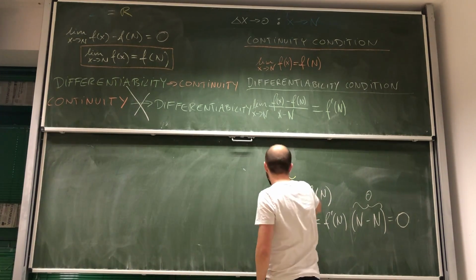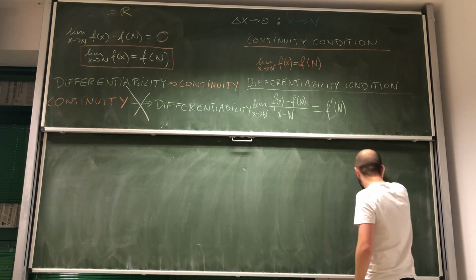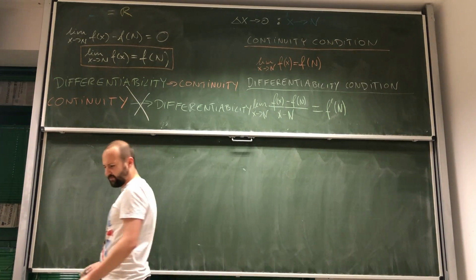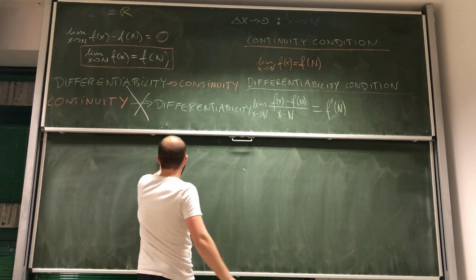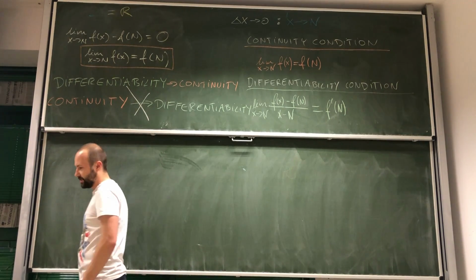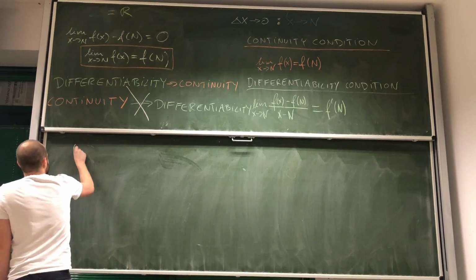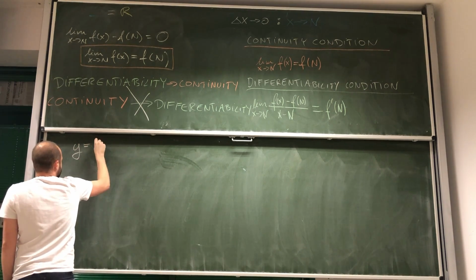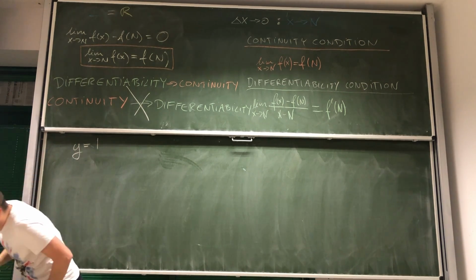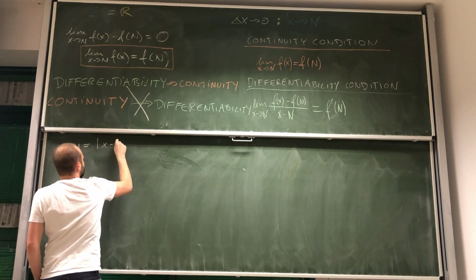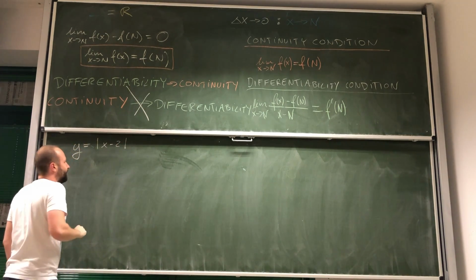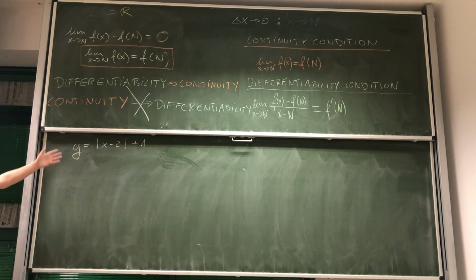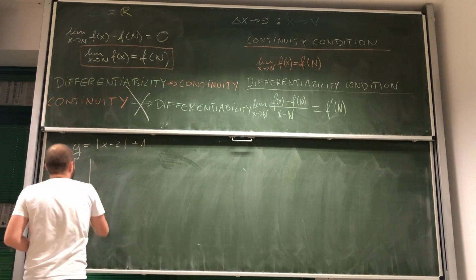So we cannot find a derivative of this function. And we already discussed this function a couple of videos ago. Okay, so let's just say that our function y equals f of x is given by absolute value of x minus 2 plus 1. Okay, look, it's really easy to draw this function.